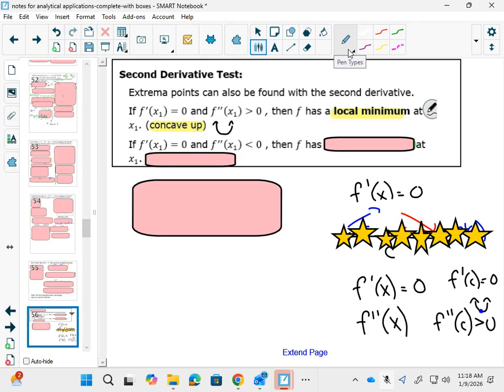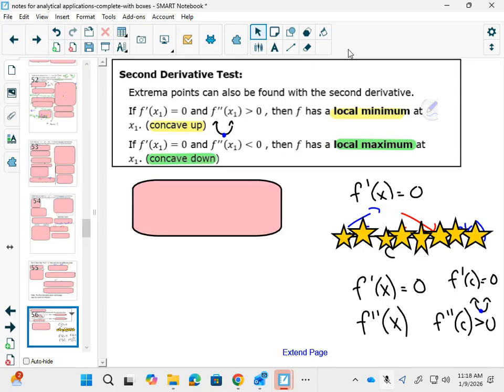So if you have concave up and you knew it was flat at that point, the second derivative test says that is enough to say it's a minimum. And if it is equal to 0 and concave down, that is enough to say it's a maximum.